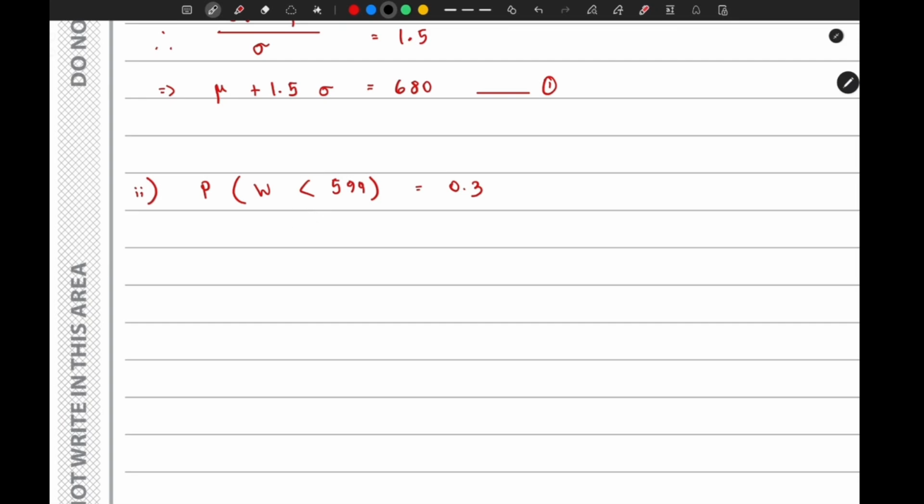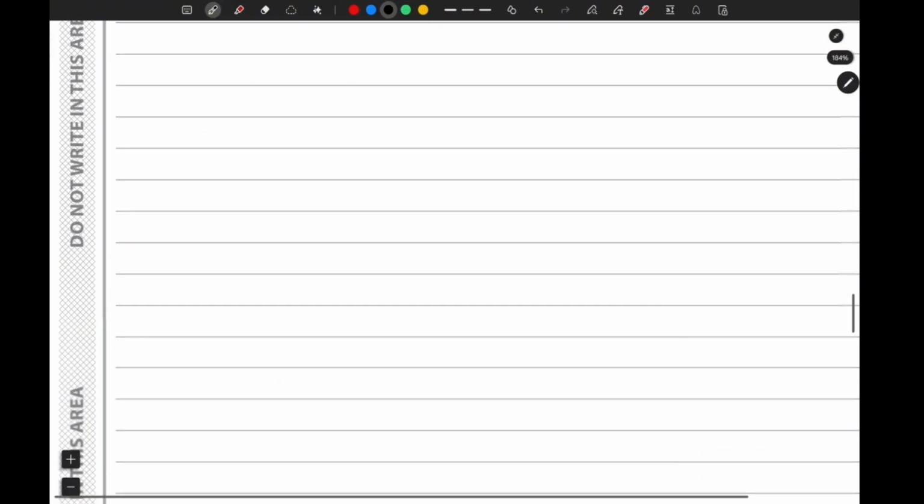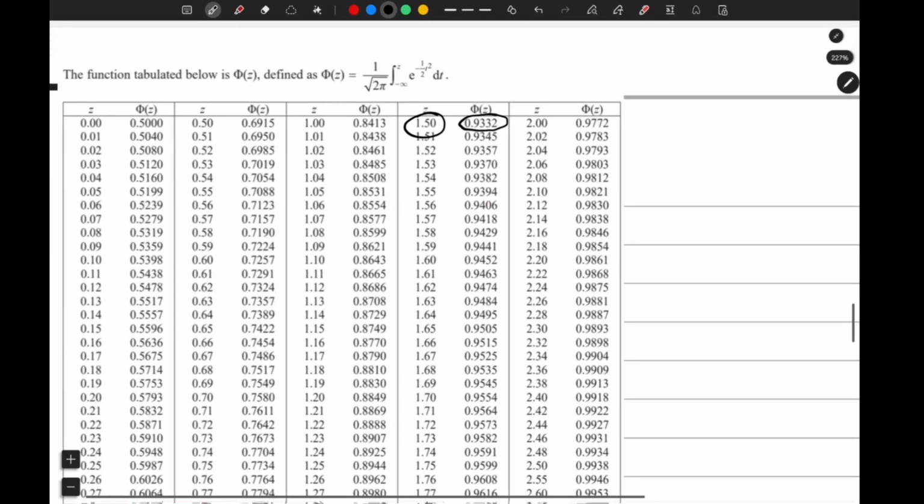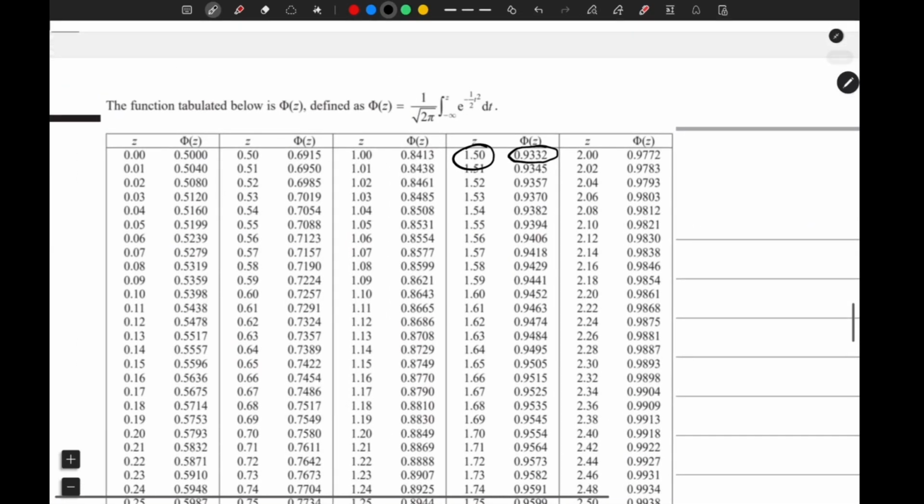So this is a less than sign. Then we need to identify if the value of phi z is less than 0.5. So this is less than 0.5. As you can see from the statistical table, there is no value of phi z which is less than 0.5.